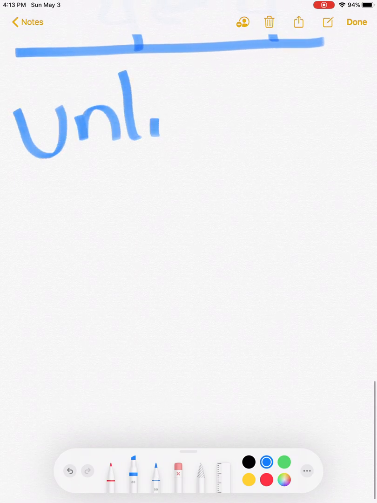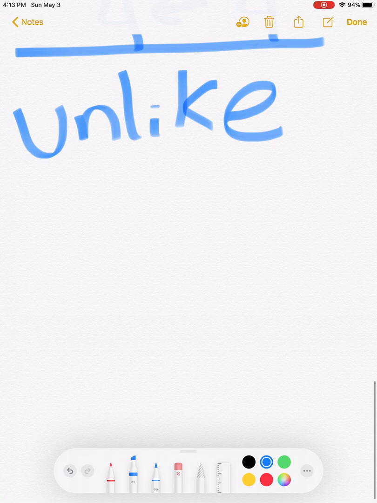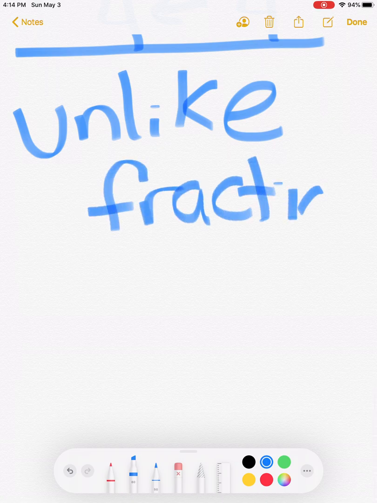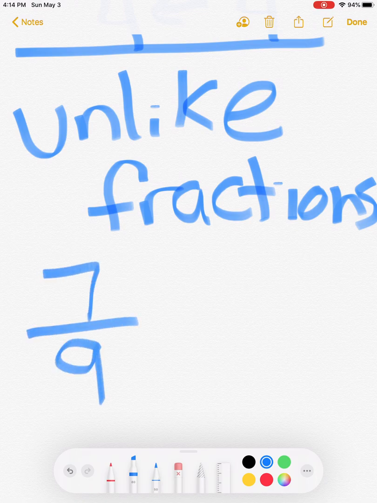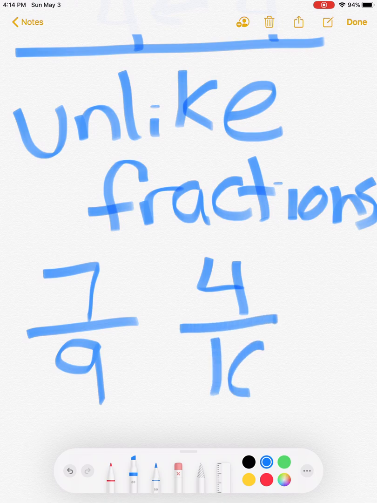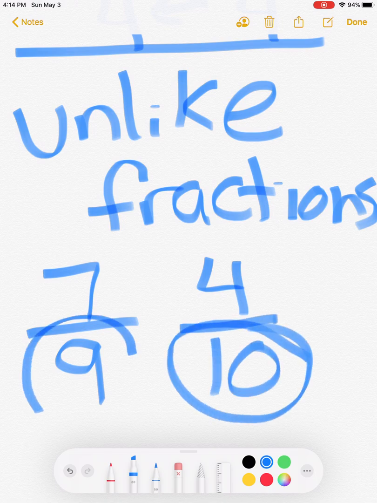Unlike fractions. Now we haven't talked about that very much. Unlike fractions deals with if the denominators are the same or not. Unlike fractions would be something like 7/9 and 4/10. See, the denominators are unlike.